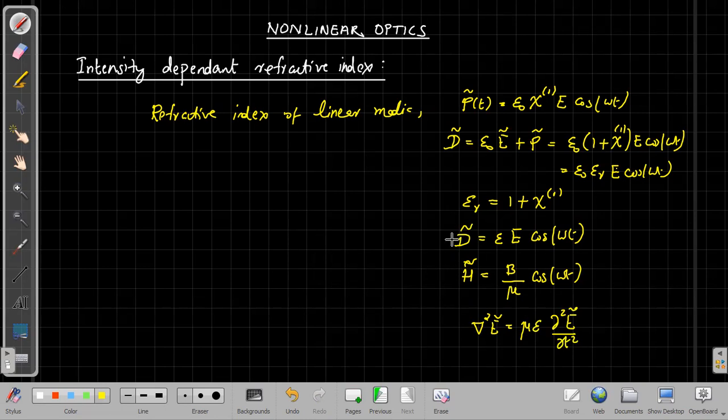This is the wave equation in linear media.